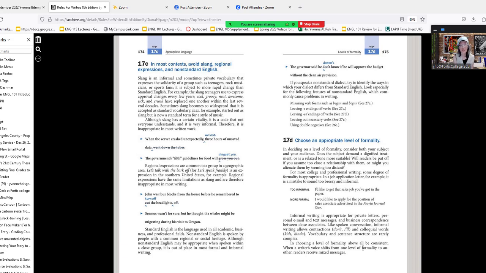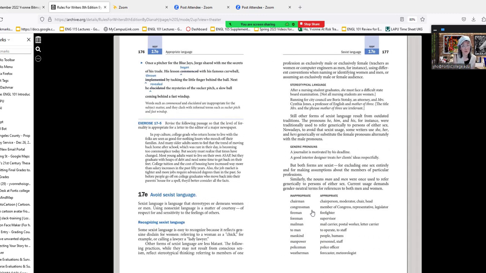So if you want to sound formal, you're going to write out your contractions. So instead of saying, I don't know, you're going to say, I do not know, which sounds a lot more formal than I don't know. And you try to avoid saying I. You would say, the author does not know the answer, the author referring to I.